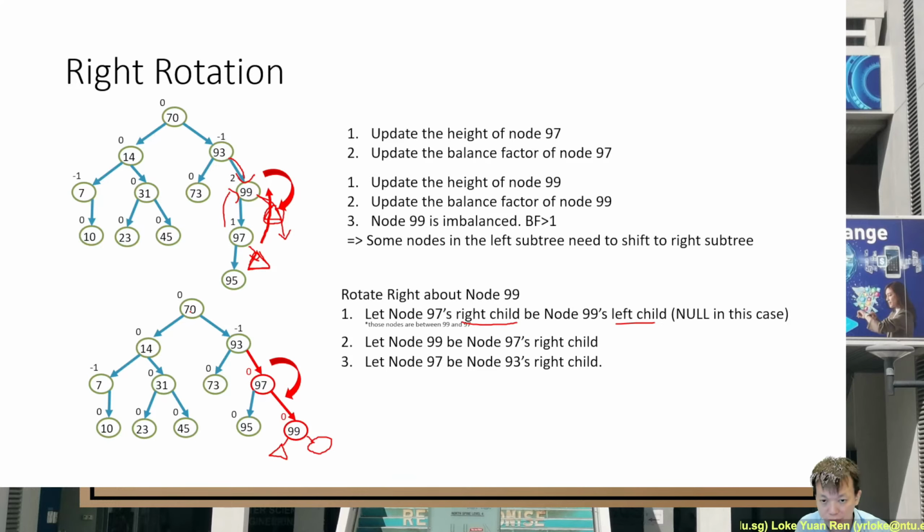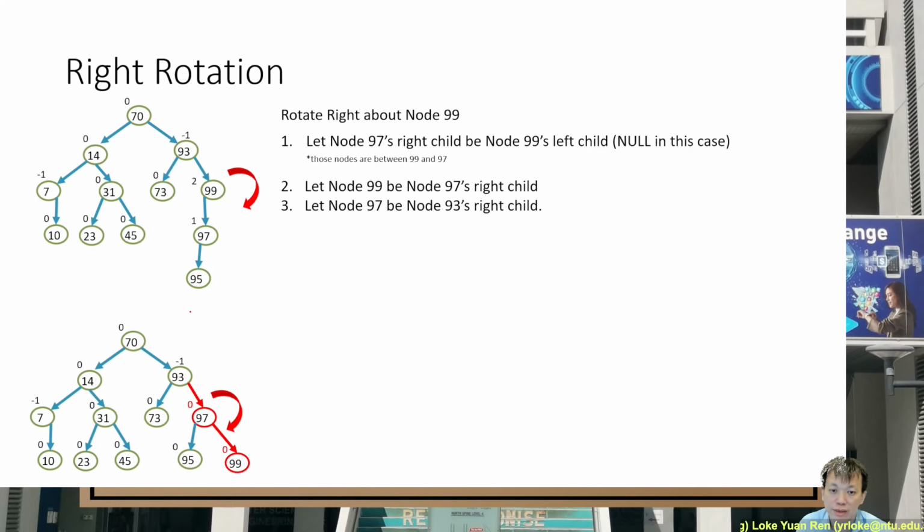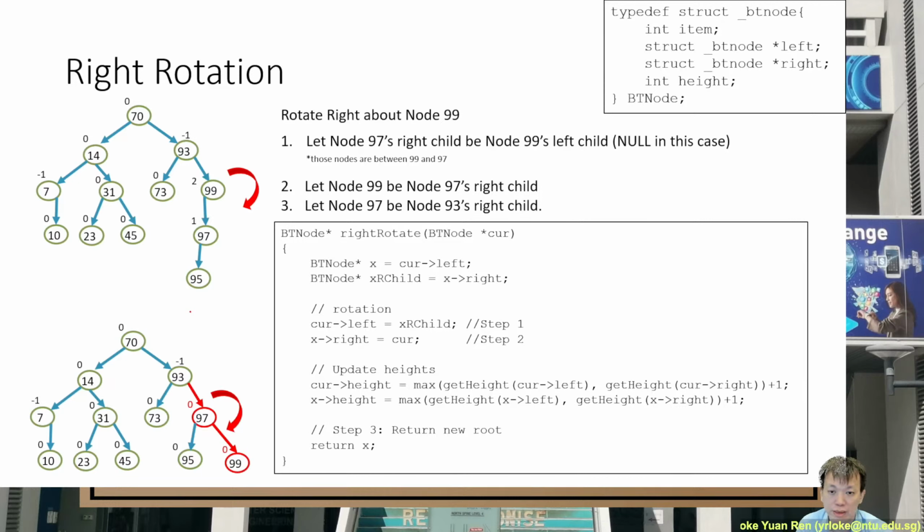Okay, we try another way. I think this week I also asked you to try to implement the right rotation or left rotation and see how it works. You can try it out. The left subtree will always take its place if you do the right rotation.